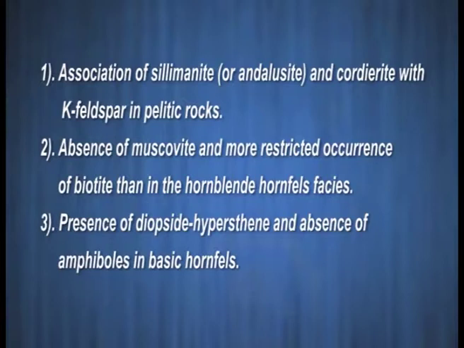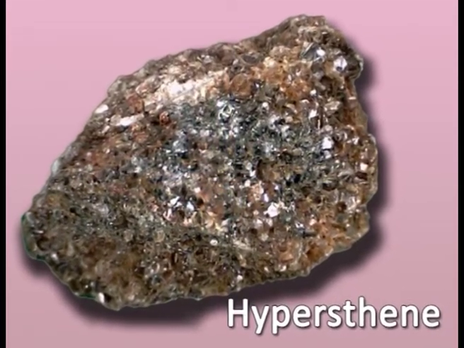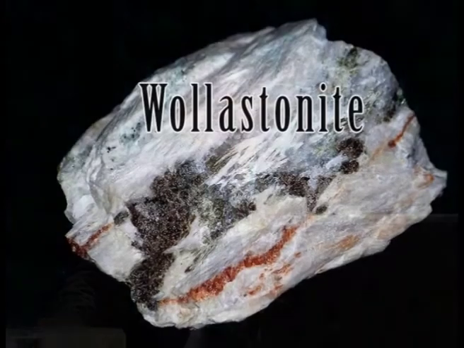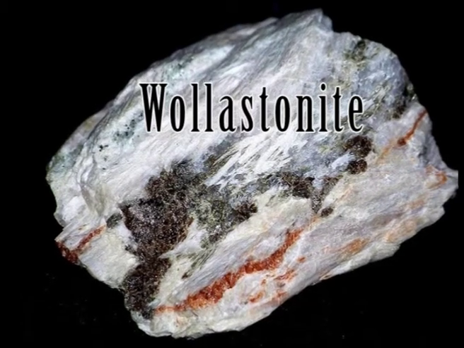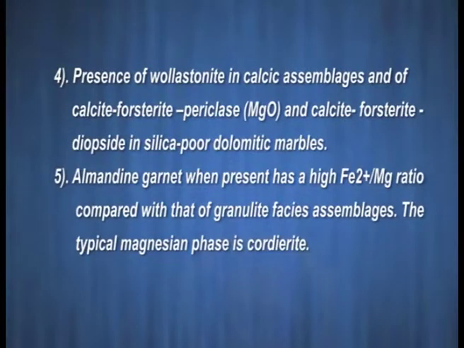Third, presence of diopside, hypersthene and absence of amphiboles in basic hornfels. Fourth, presence of wollastonite in calcic assemblages and of calcite, forsterite, periclase and calcite, forsterite, diopside in silica-poor dolomitic marbles.